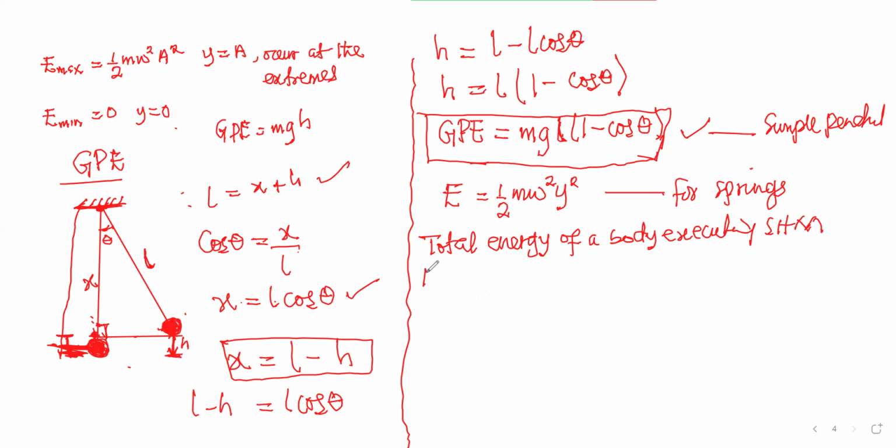is equal to its kinetic energy plus its potential energy. So the total energy is the mechanical energy. Mechanical energy is the sum total of PE and KE.